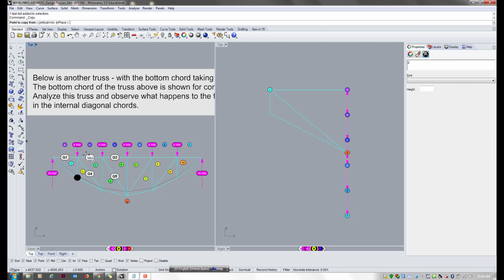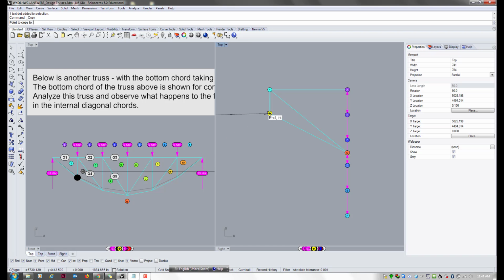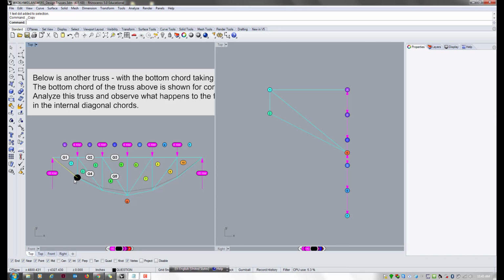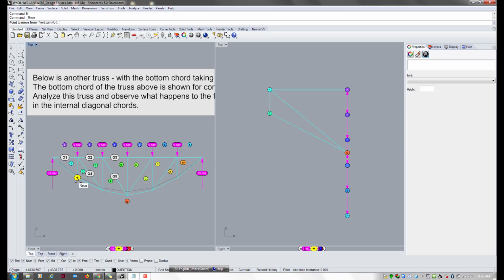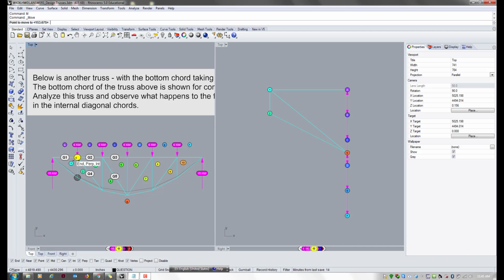So therefore, it's got to be here. Next member is G1, which is already analyzed, so we're gonna move on to the next node.